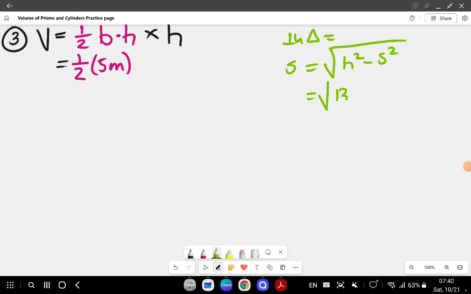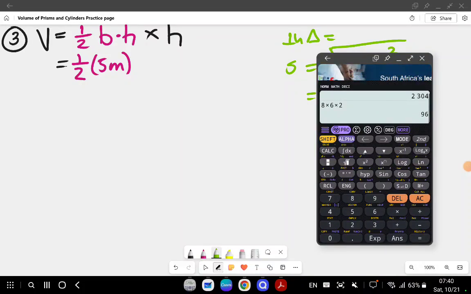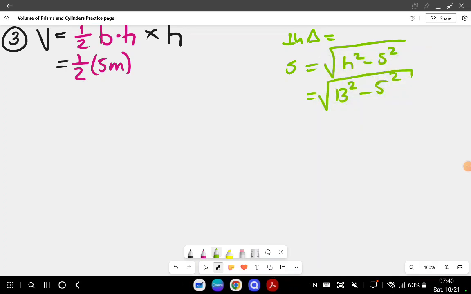So that ends up being 13 squared minus 5 squared. I think this is going to be 12. So square root of 13 squared minus 5 squared gives me a total of 12. This is also another Pythagorean triplet if you want to memorize it. The triplet is 5, 12, 13. Remember to write Pythagoras as the reason behind all of this.